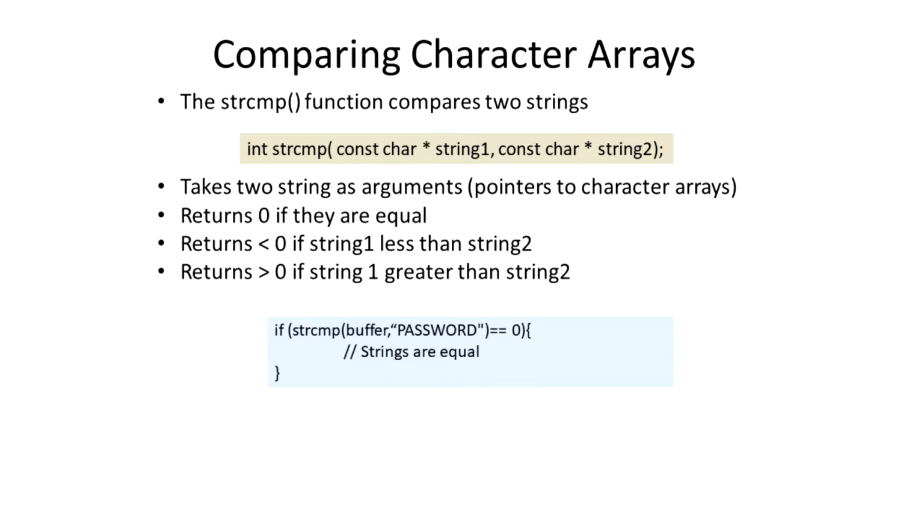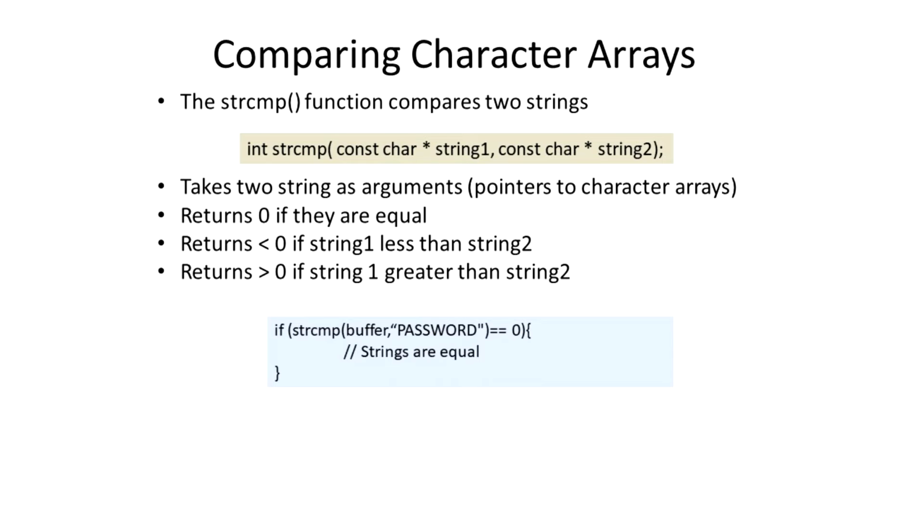which takes two strings, and it will compare them to see if they have the same value or not. What it will do is it will return 0 if they are equal, but then if one is less than the other, it will return a value less than 0, a negative value, and if string 1 is greater than the second string, then it returns a value greater than 0.